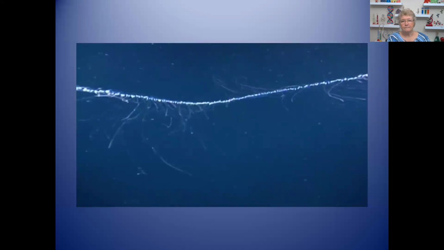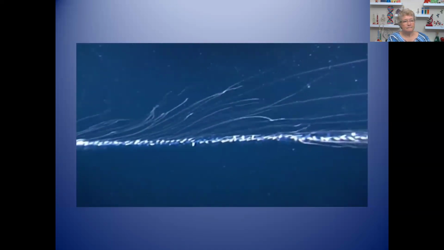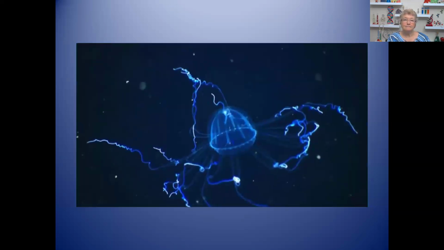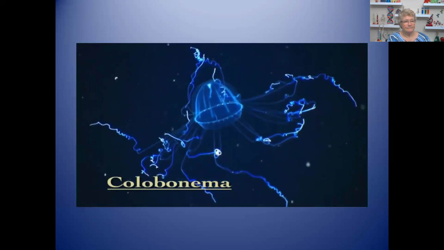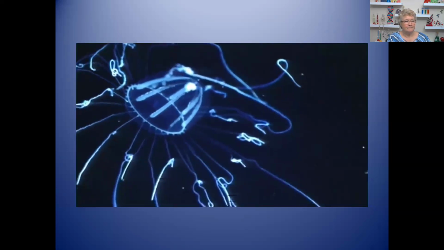Stinging tentacles sweep through the water like a massive fishing net. As with other cnidarians, its tentacles are lined with millions of nematocysts for capturing and killing prey. Deeper, the crew spots a Colobonema, a jellyfish with a surprising defense. When startled, it detaches its tentacles, leaving them behind as decoys to distract would-be attackers.